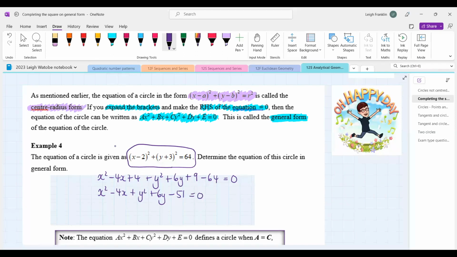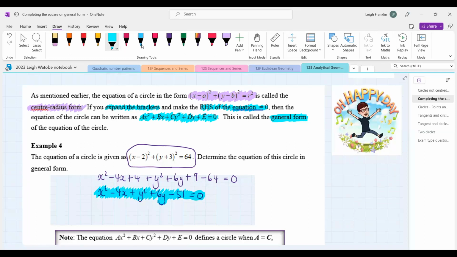Okay, so now it is in general form. Okay, so over here, what I have, all right, like this. That's now general form.